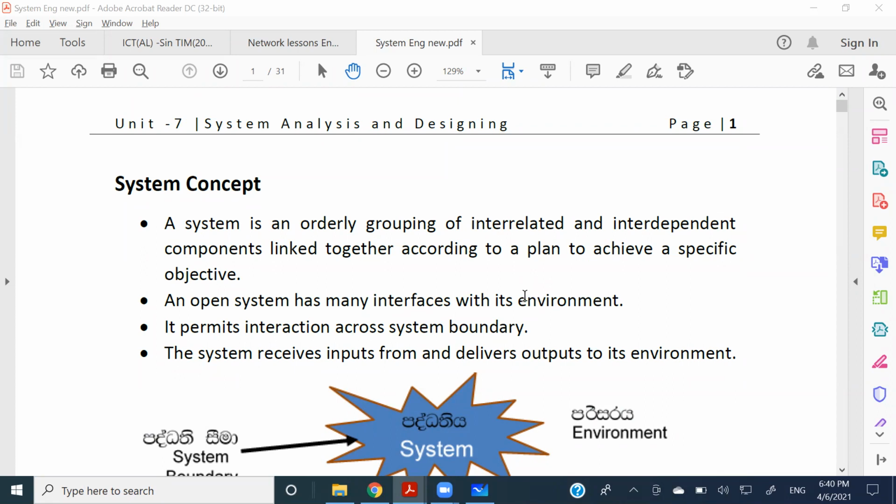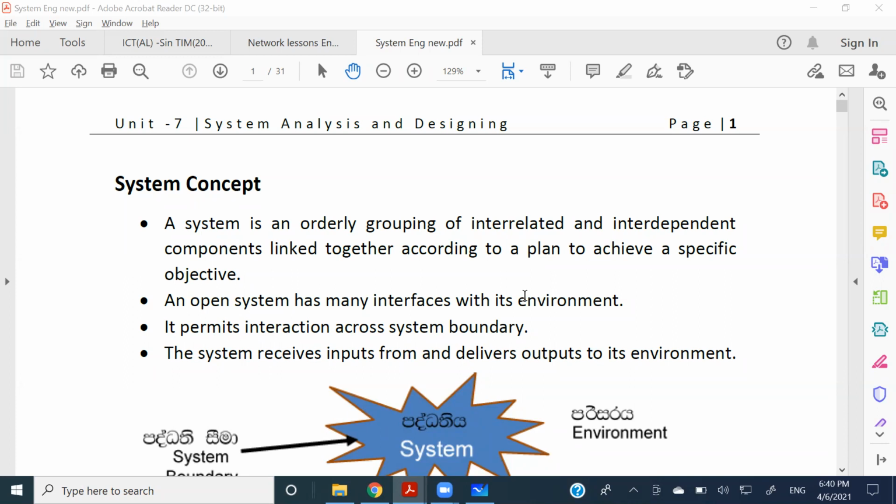There are several models that can be used when a system is being developed, so we are going to consider those things as well. And we are going to talk about some different kinds of systems, computer-based ones, in this lesson.